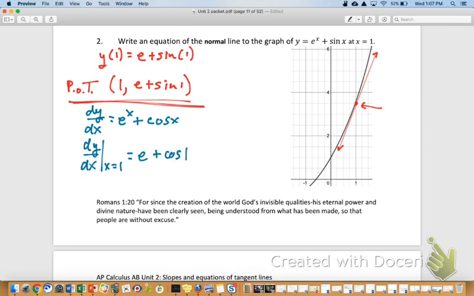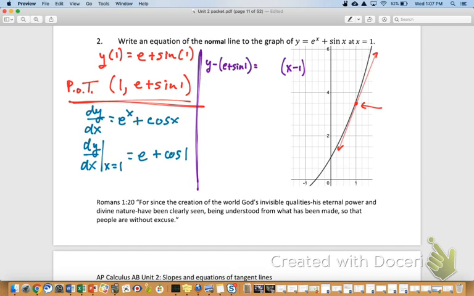So, as far as my equation of the normal line, I hope y'all would agree that it's going to be y minus (e plus sine of 1) equals something times (x minus 1).